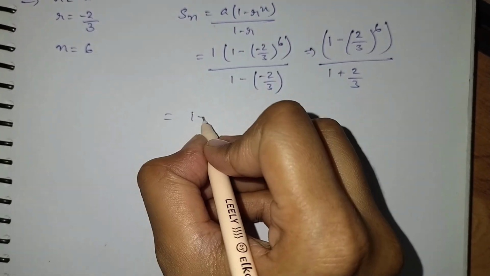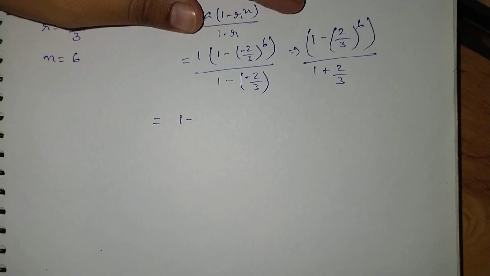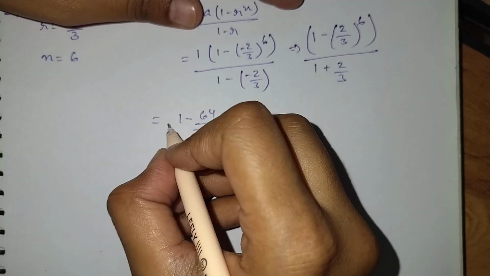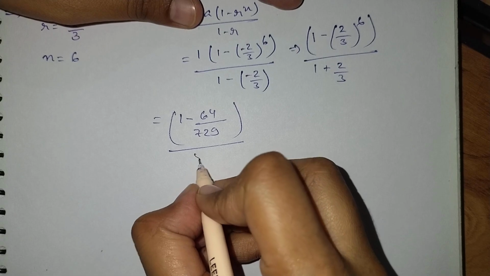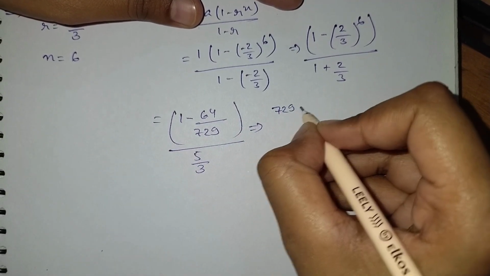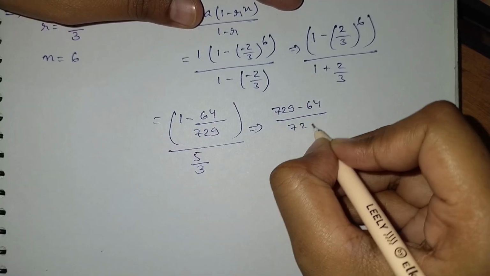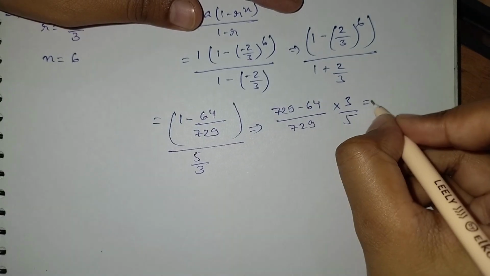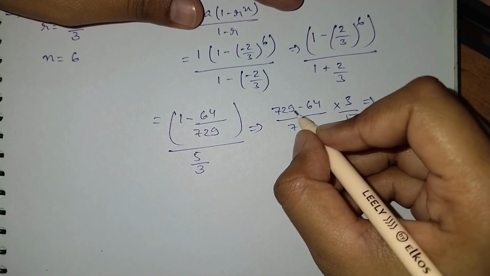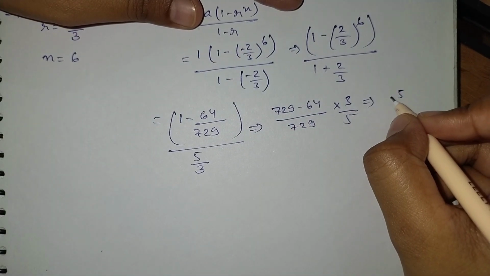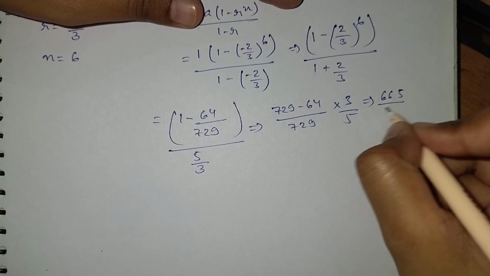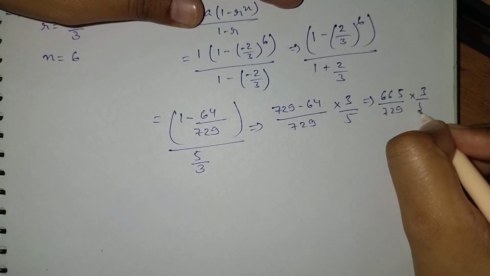Solving this part, we will get 1 minus 64 upon 729 divided by 5 by 3. Here taking LCM, that will become 729 minus 64 divided by 729, multiplied by 3 by 5. So this will become 665 upon 729 multiplied by 3 by 5.